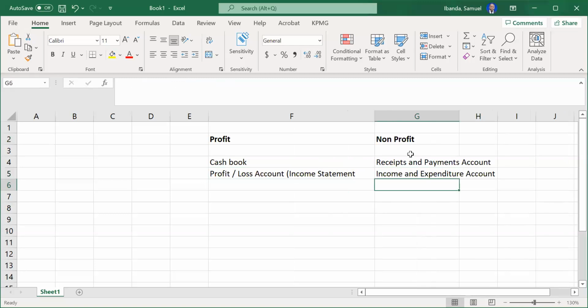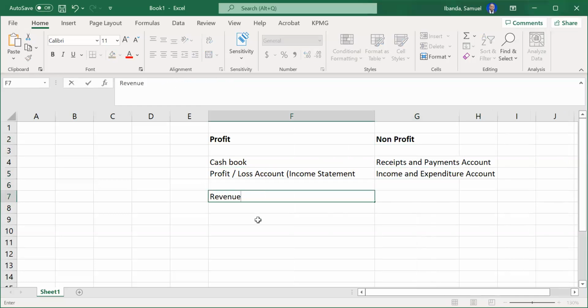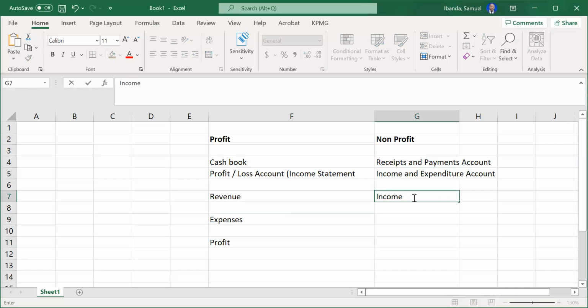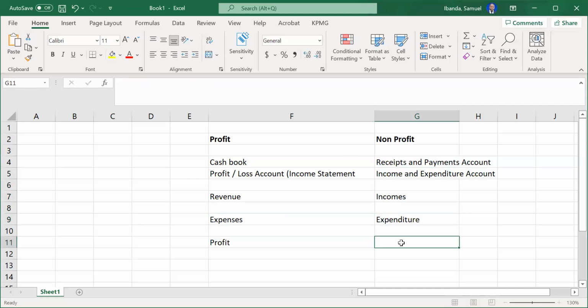We know a profit and loss account looks at your revenue, then your expenses, and gives you profit. Are we together? Now, for income and expenditure, we'll have incomes, we will have our expenditure, and then the next thing that we'll have is a deficit.